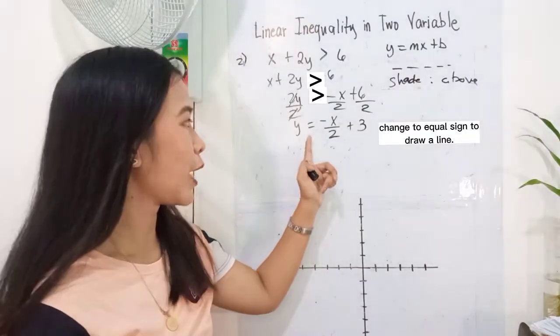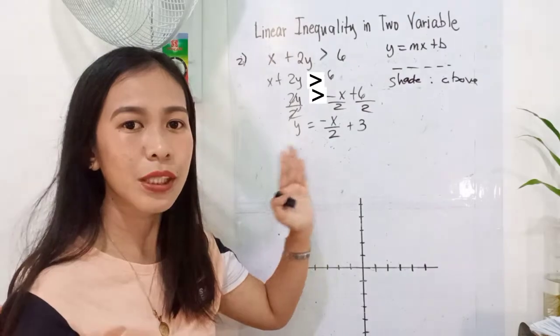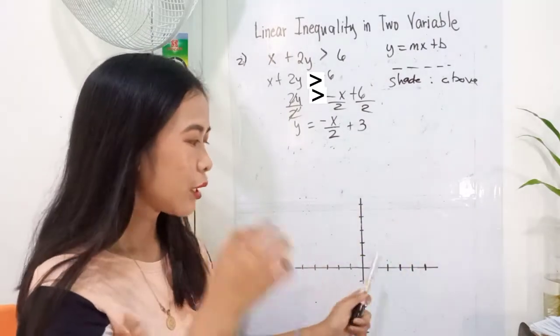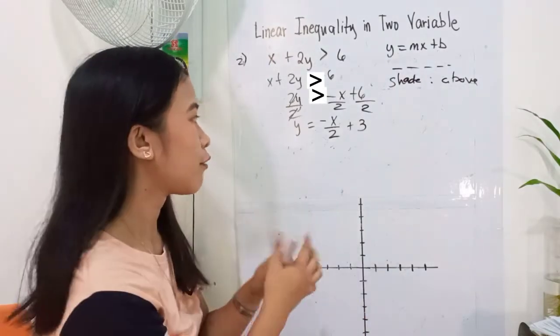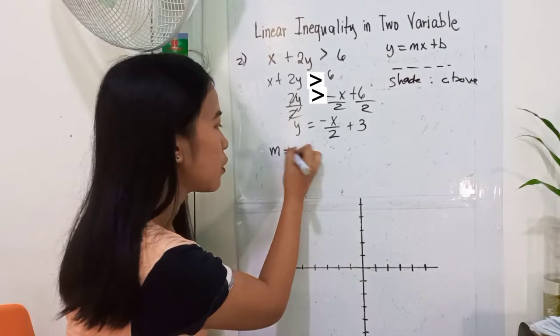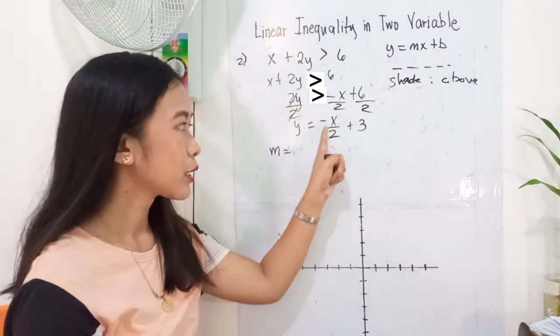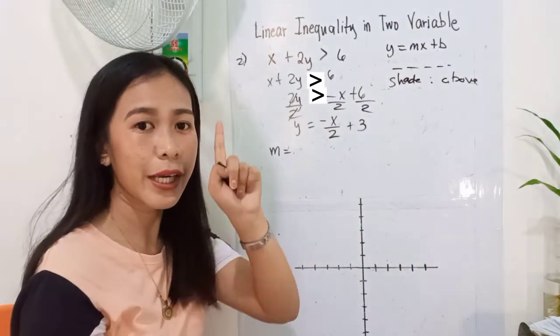And therefore, we have y is equal to negative x over 2 plus 3. And dito na natin masisimulan yung pagkuha ng mga point na kailangan natin to enable us to graph it. Okay? So, we have our m or the slope para magamit natin yung rise over run. Since ito ay negative x, therefore, we have negative 1.